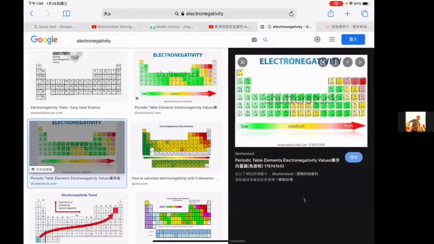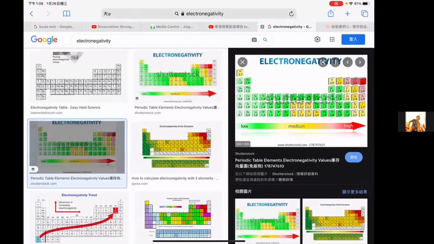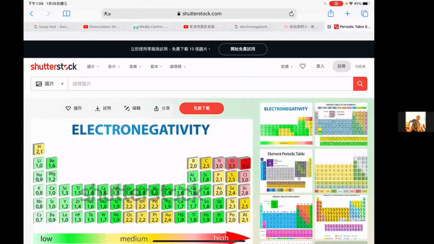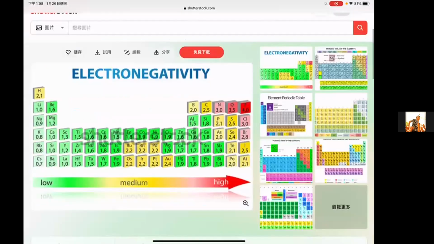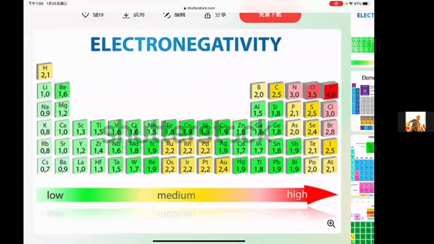Can you see the trend here? Take a look at O and H. H is 2.1, O is 3.5. The larger the number, the more slightly negative charge it can be. So a very large difference, right? A 1.4 difference in electronegativity.